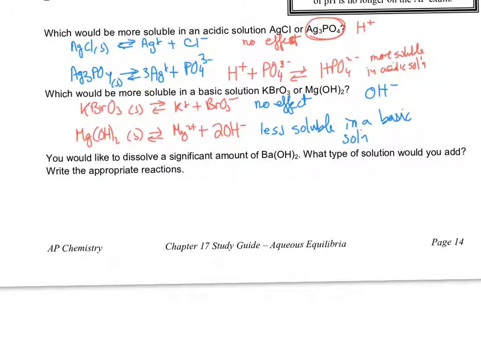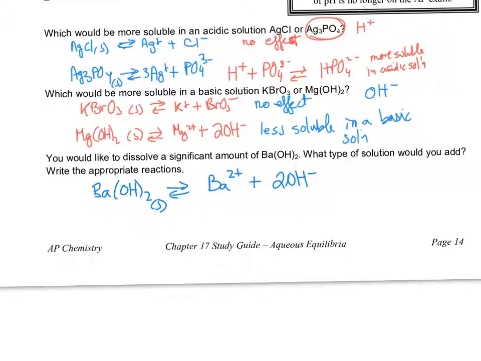We could either dissolve it in a neutral solution, a basic solution, or an acidic solution. What would be best? Well, let's start with the dissociation equation. So we have BaOH2 dissociating into Ba2 plus and 2 OH minuses.